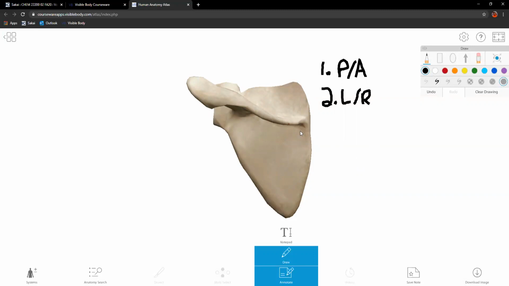And then number three is going to be this space underneath this bony protrusion here. This is going to be 3. And then this bony protrusion itself will make this 4.